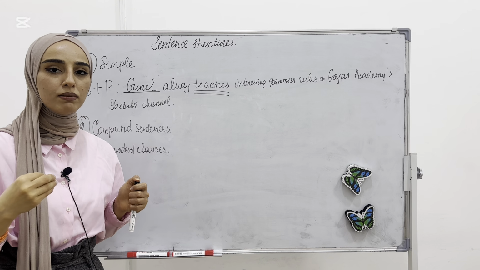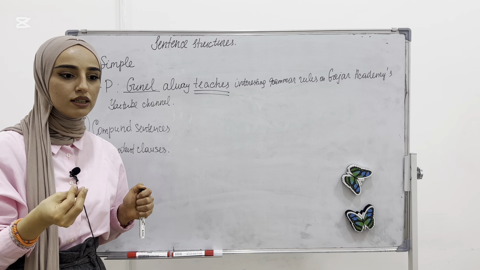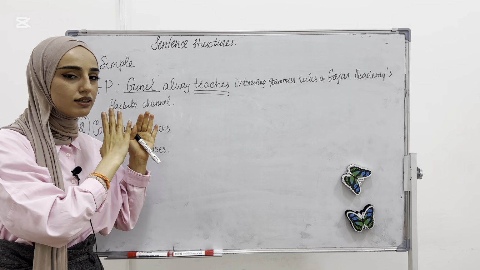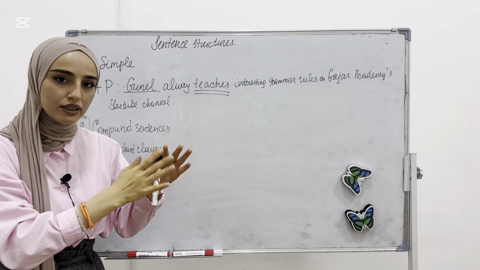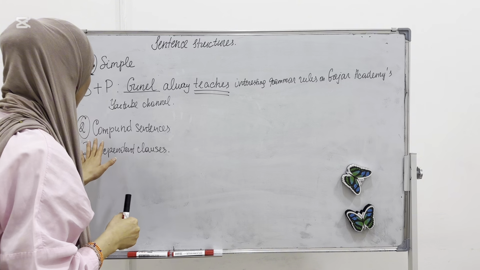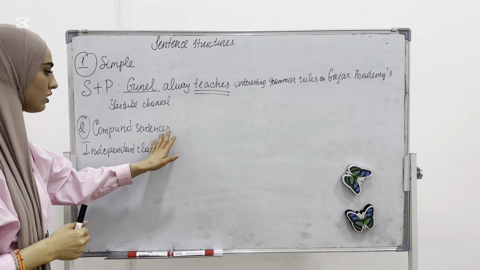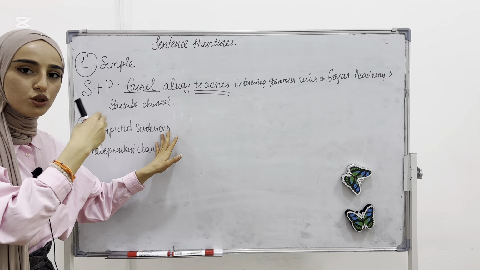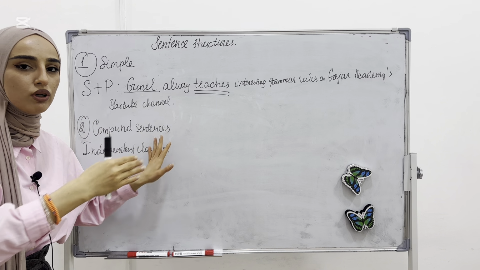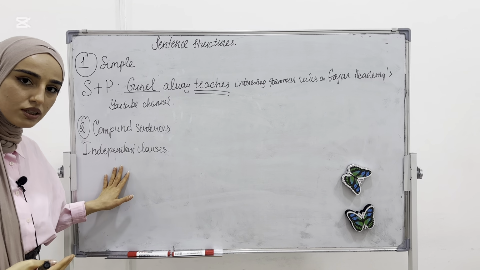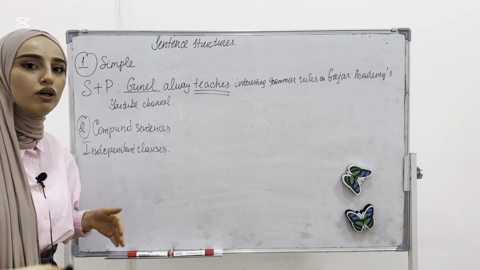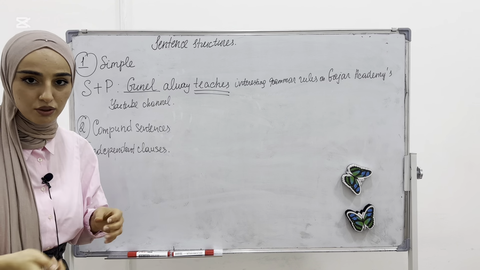An independent clause is a clause that has a separate subject and predicate in each part. So why it is called a compound sentence is that you are going to have 2 or more independent clauses combined with conjunctions, okay?